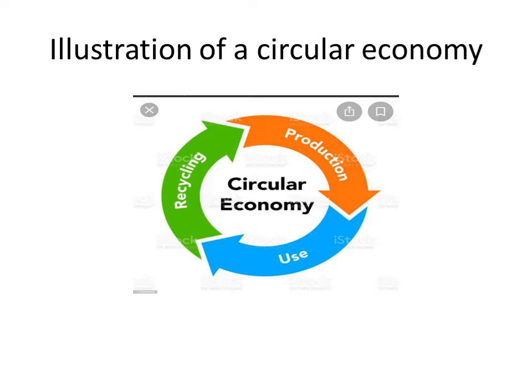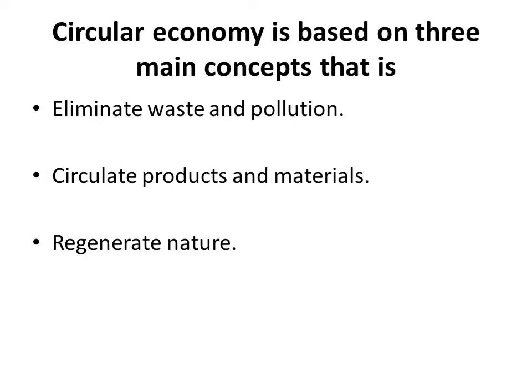Circular alone means like a circle. It has to go back, like it has to be reused and reused and reused until at some point it can't be used anymore. Those are the main concepts that the circular economy is based on.